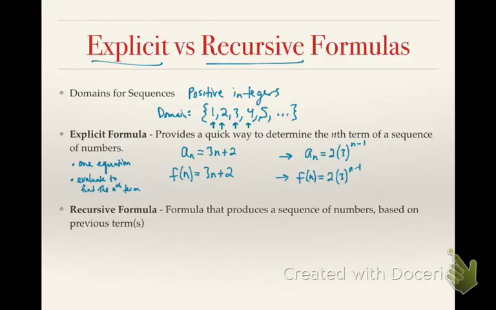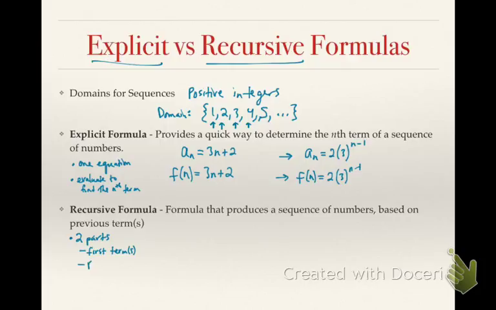The recursive formula for a sequence must always have two parts. First, you need to indicate the first term or terms in the sequence.